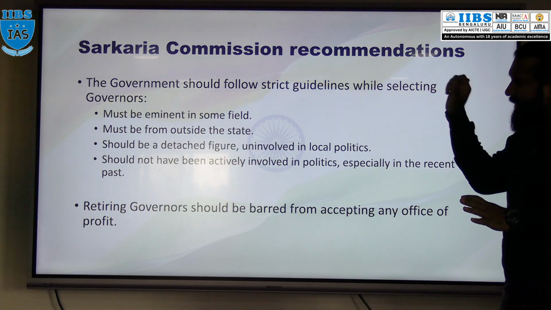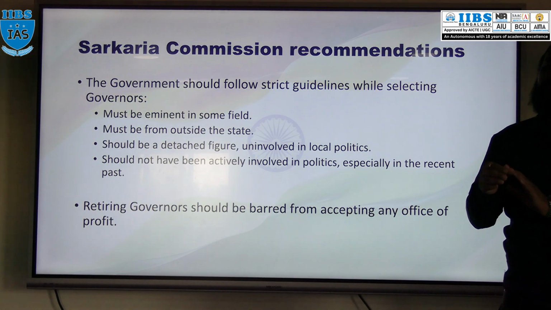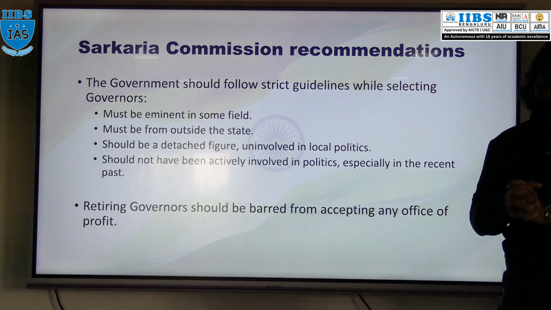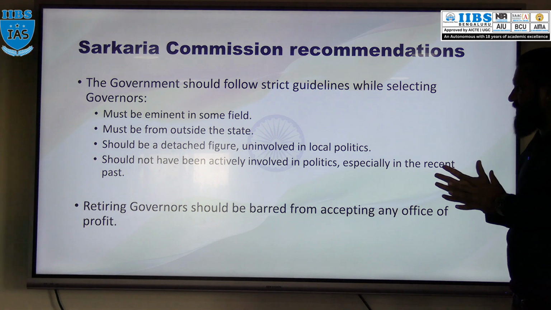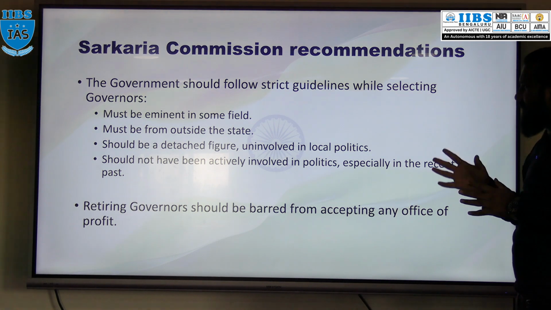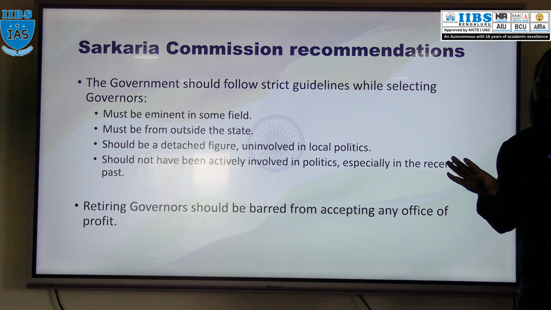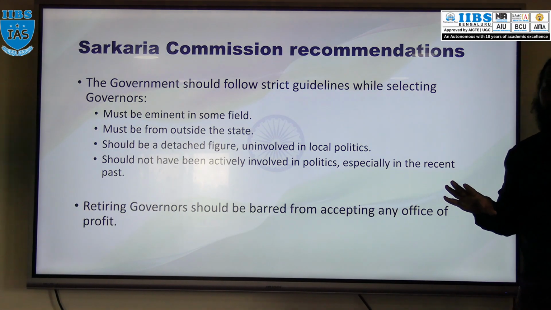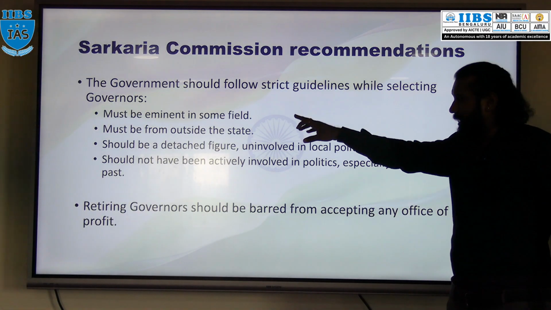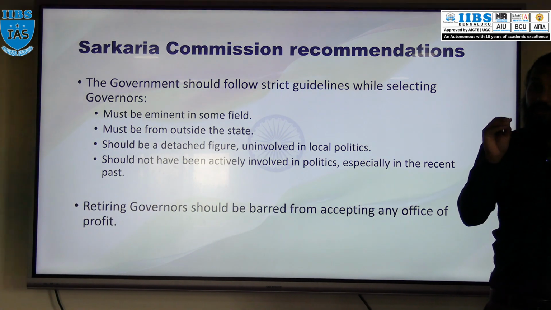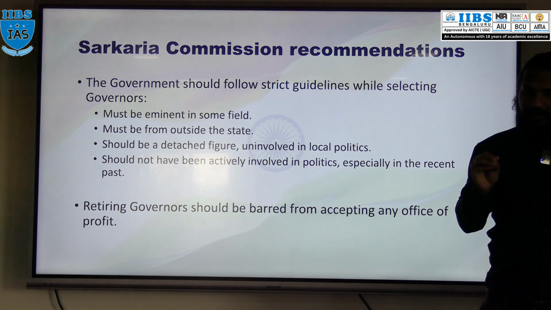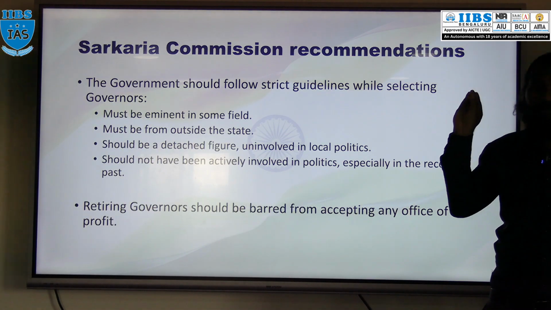Then regarding qualification also, certain commissions have given recommendations. What are those recommendations? Sarkaria Commission gave a recommendation that while selecting and nominating the governor, make sure that a person should be eminent in some field. That means that person should have expertise or excellence in a particular field.